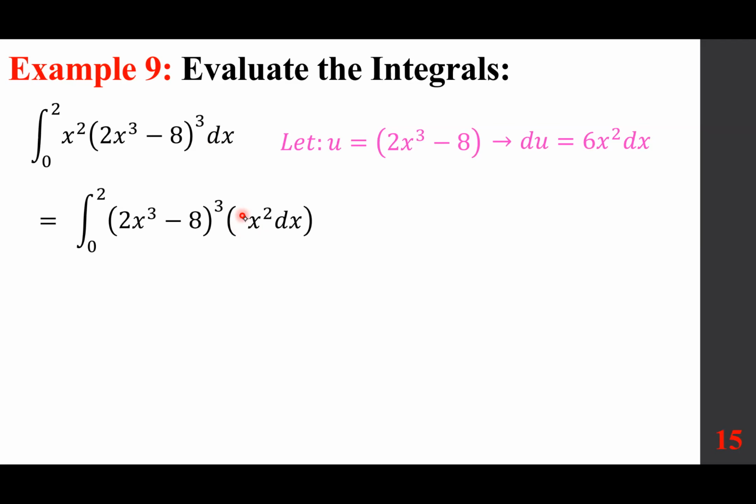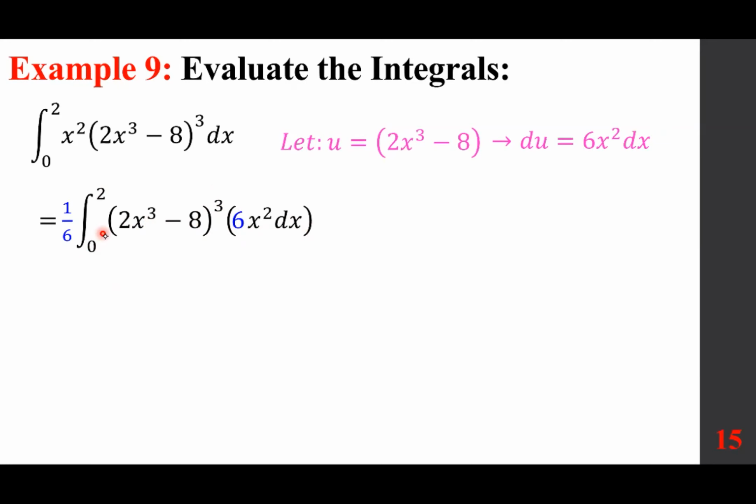Number 6 is missing. Throw in number 6. And then its reciprocal outside, 1/6. Again, you can do that with two numbers. So what you're dealing with is 1/6, the integral of 0 to 2, 2x cubed minus 8 cubed, 6x squared dx. This is u cubed, and this is du.